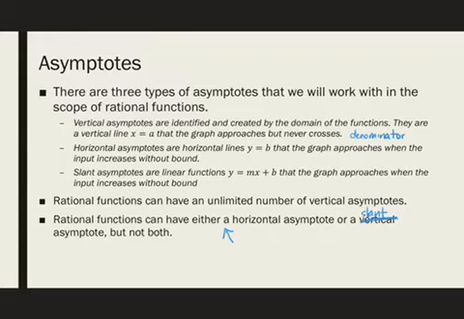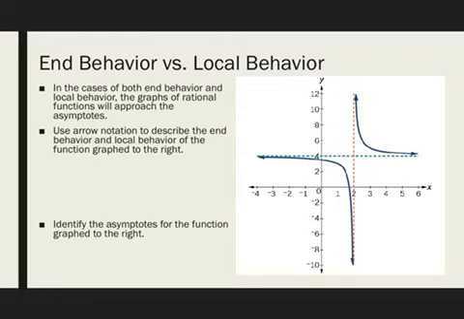Okay, so we've talked about end behavior. We're going to talk a little more about local behavior. We've done that a little bit too. End behavior, right? As x approaches infinity or as x approaches negative infinity, where does this function go to? If you have a horizontal or a slant asymptote, the function is going to go to that asymptote at its end behavior.